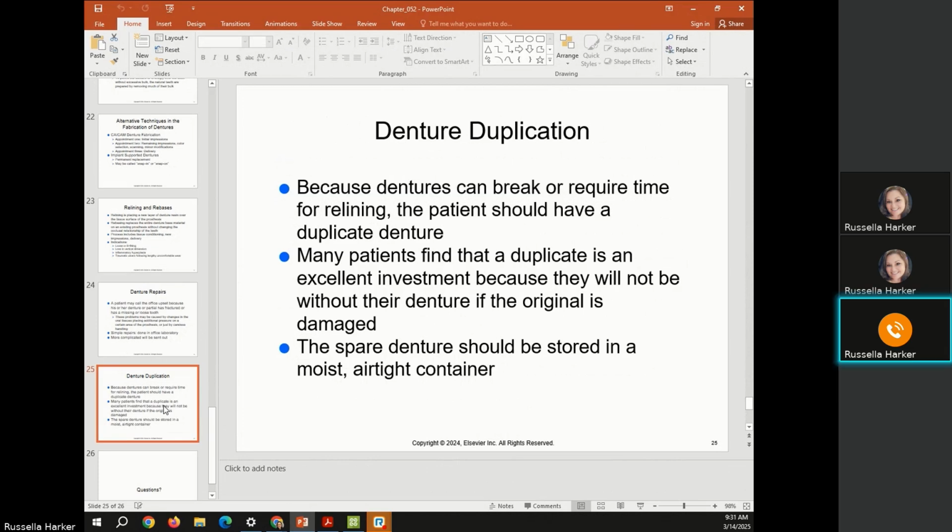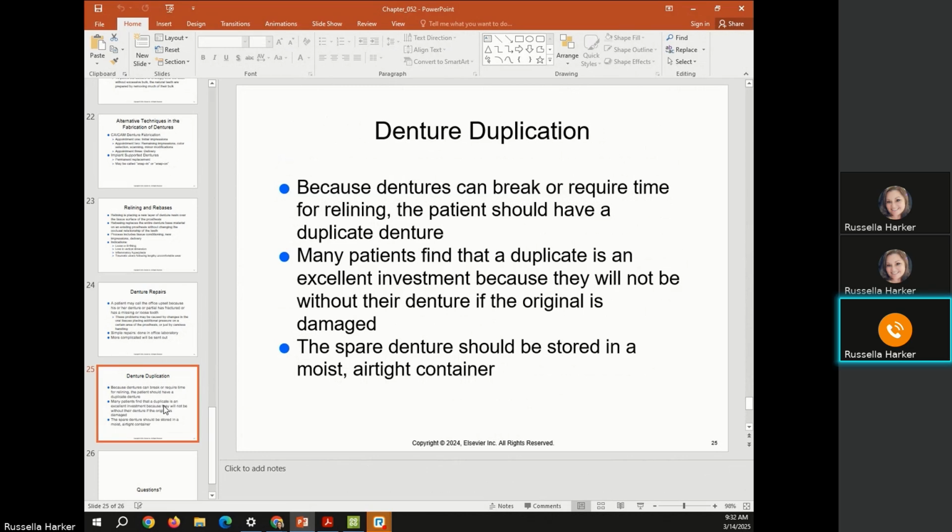Remember, final impressions can only be taken by the doctor. The dental laboratory technician requires a final impression to create the base of the denture. Before the impression is taken, a custom tray is fabricated. So we make a custom tray based off the preliminary impression that you took at the first appointment. The custom tray only fits the patient's mouth that it is made for.